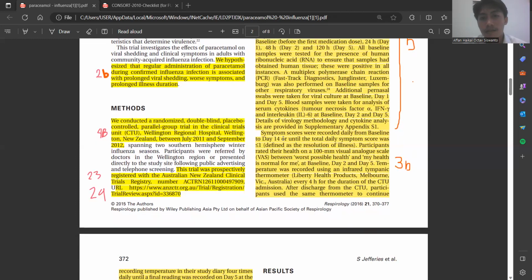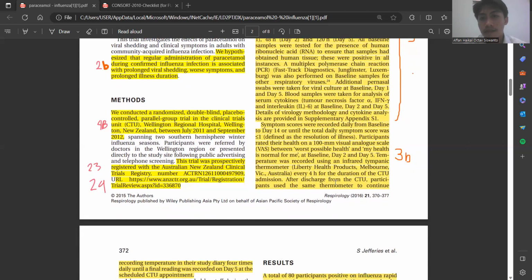The symptom scores were recorded daily from baseline to day 14 or until the total daily symptom score was less than 1. Participants rated their health on a 100 mm visual analog scale between worst possible health and my health is normal, at baseline, day 2 and day 5.